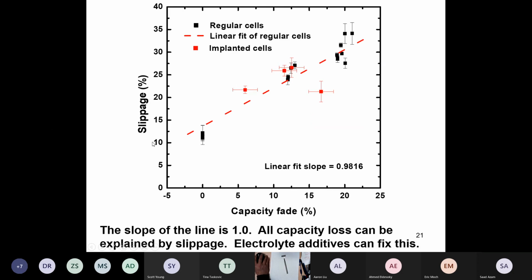And when you plot the slippage in percent, so this is inventory loss versus the measured capacity fade, the data falls pretty closely on a line of slope 1. The best fit line has a slope of almost 1, right?